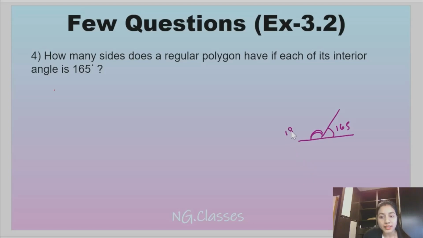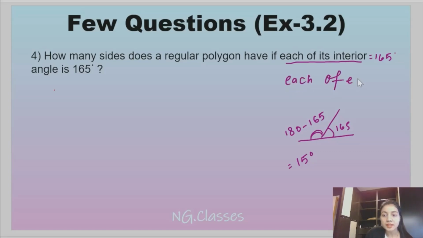It will be 180 minus 165, right? And that will give 15 degrees. So each exterior angle will be 15 degrees, which we got from here.